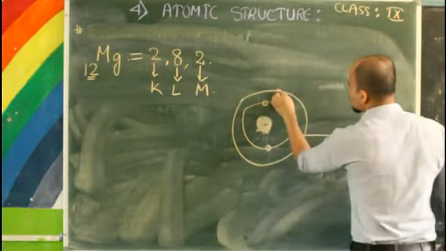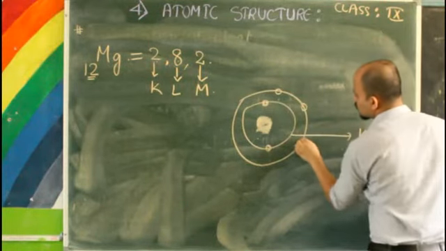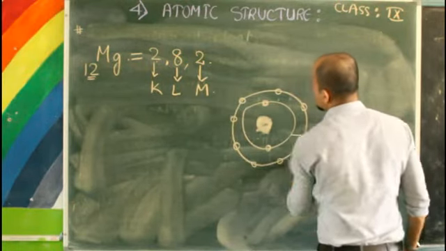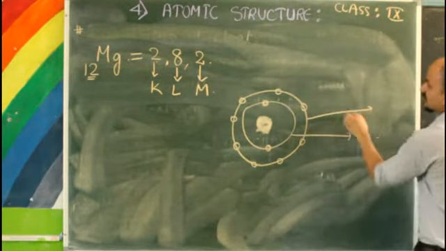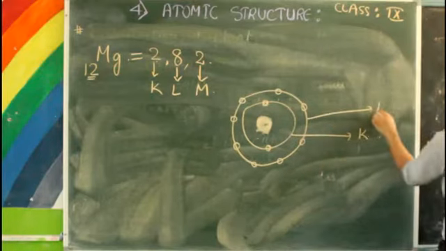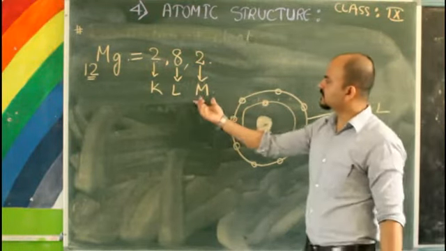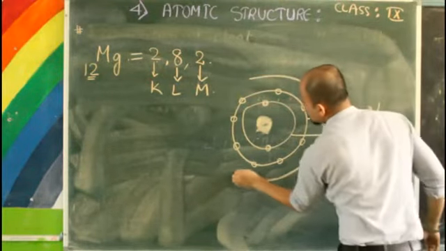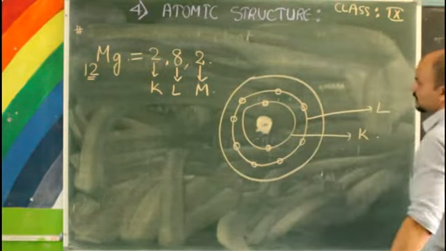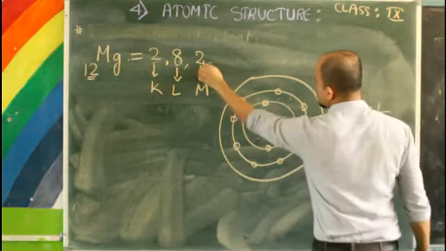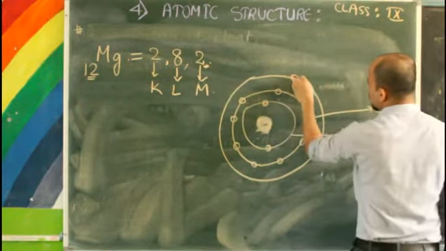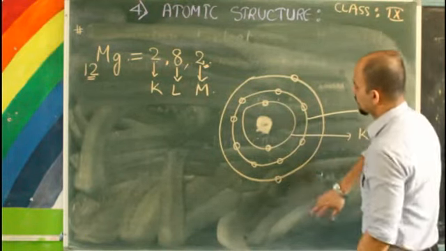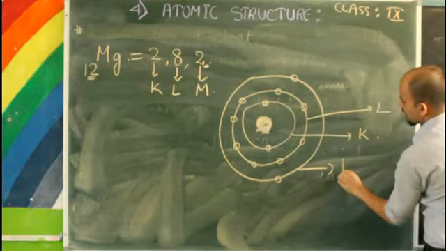So let me write the structure: 1, 2, 3, 4, 5, 6, 7, 8. So this is which cell? This is the L cell. And here you have the M cell, where it has 2 electrons. So the M cell is the outermost cell in case of magnesium. It has 2 electrons, 1 and 2. And this is your M cell.